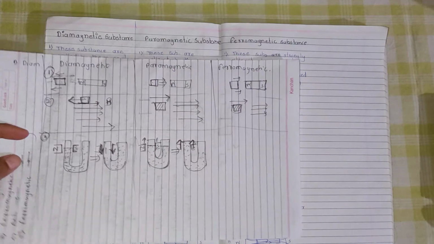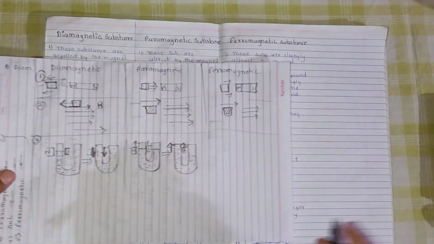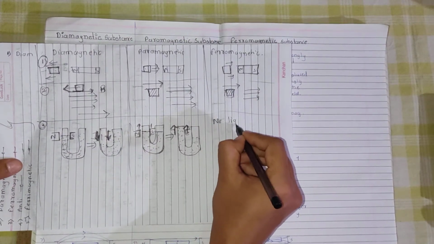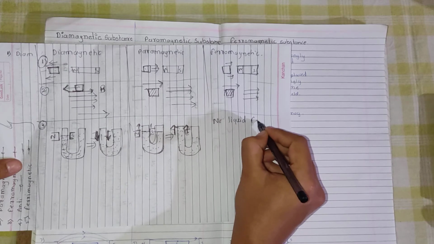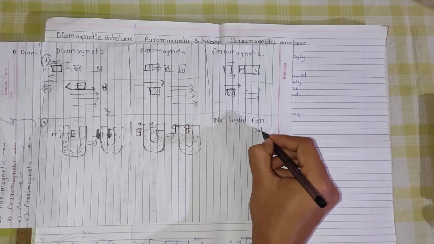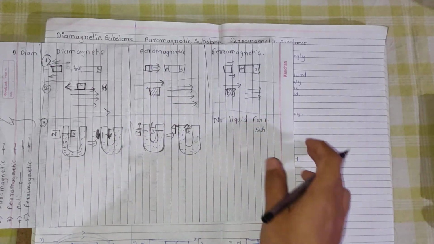Similarly in ferromagnetic material, but there is no liquid ferromagnetic substance. We don't get a liquid form of ferromagnetic substance.